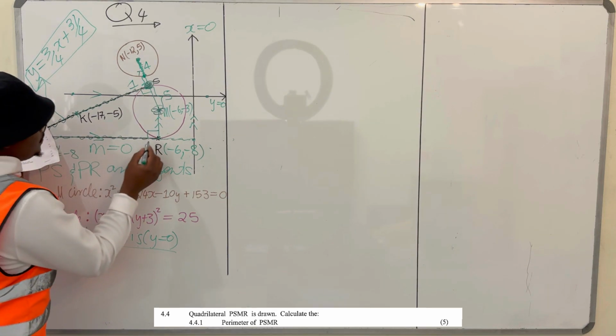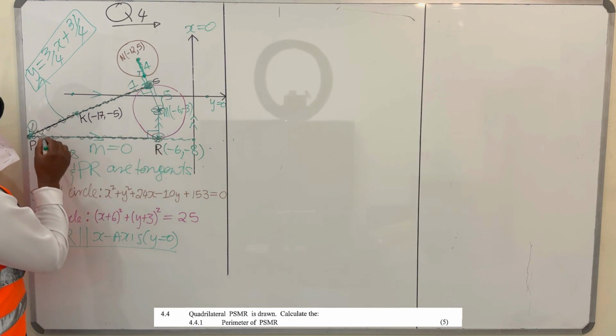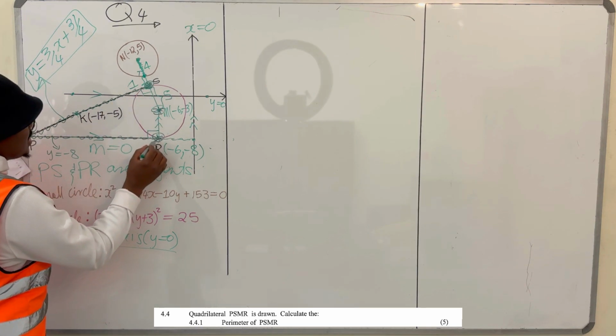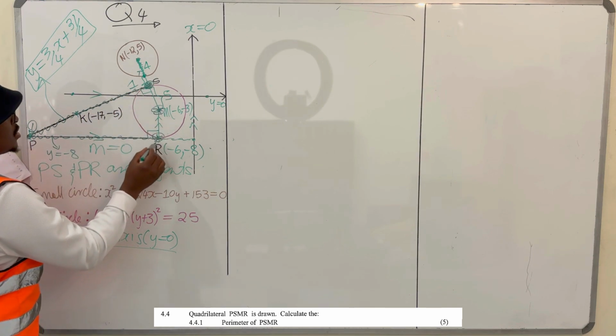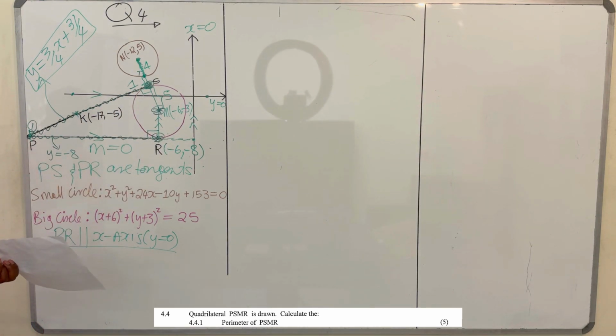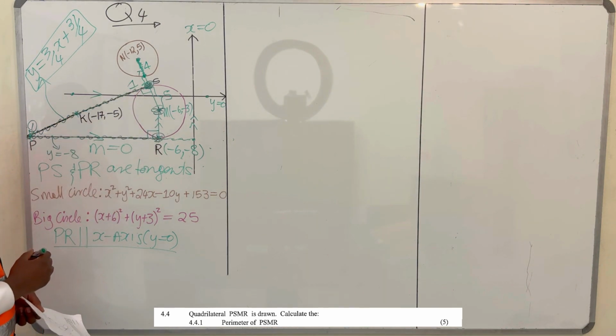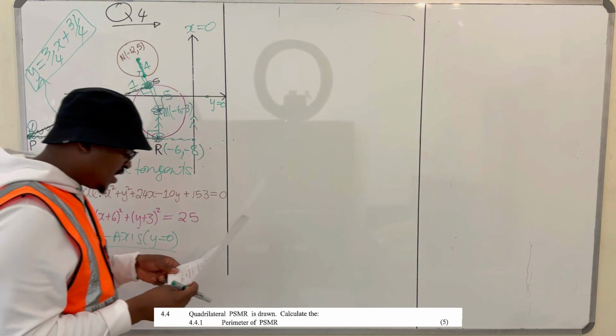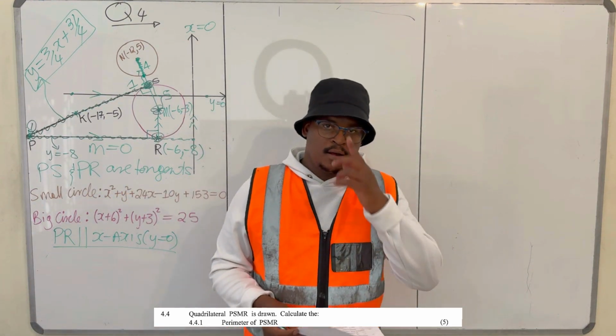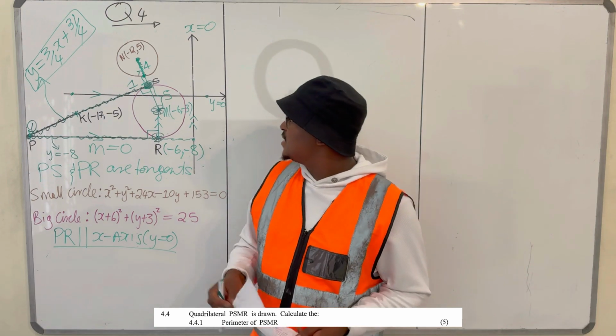And R, this point here. So we have this quadrilateral here, right? It looks like a kite of some sort. It is a kite actually. No problem. They want us to find the perimeter of this shape here.